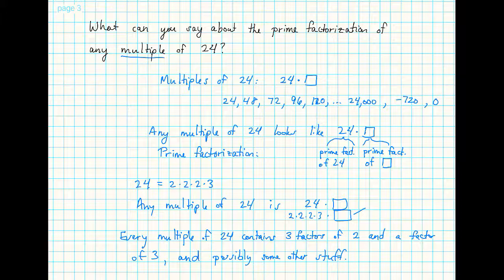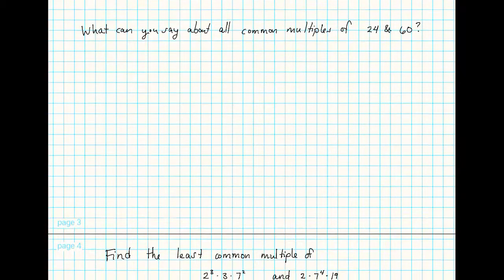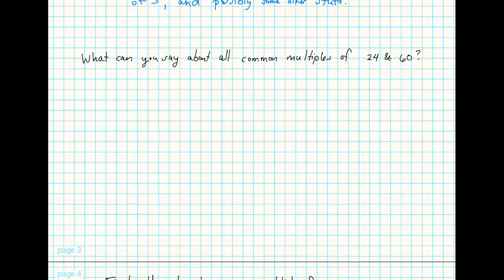Okay, so the three factors of 2 and a factor of 3, that is 24. That's kind of, you can even take it as a definition of 24. And in order for another number to contain 24 as a factor, it has to contain that.